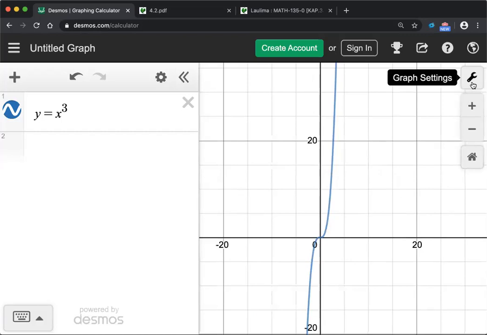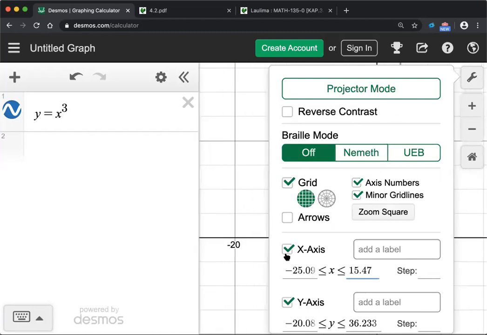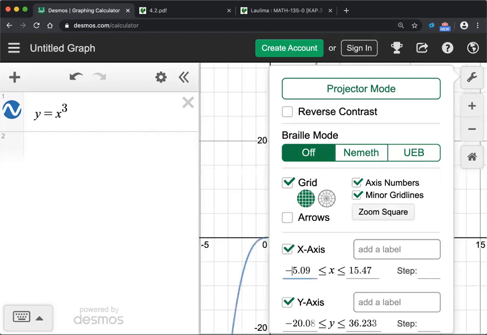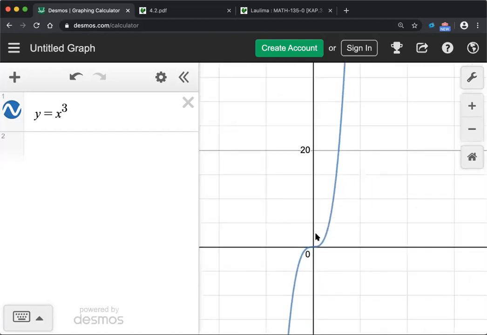I'm just going to adjust it so it's a little more spread out. So let me change my bounds of x. There we go. It's a little more spread out, as you see. So this is y equals x cubed.